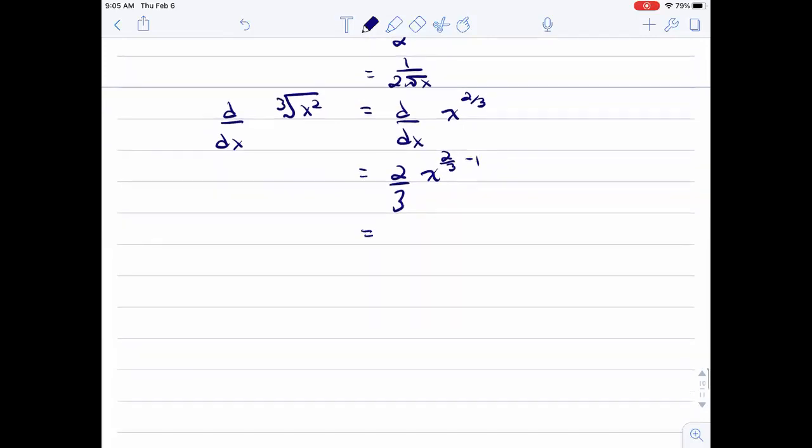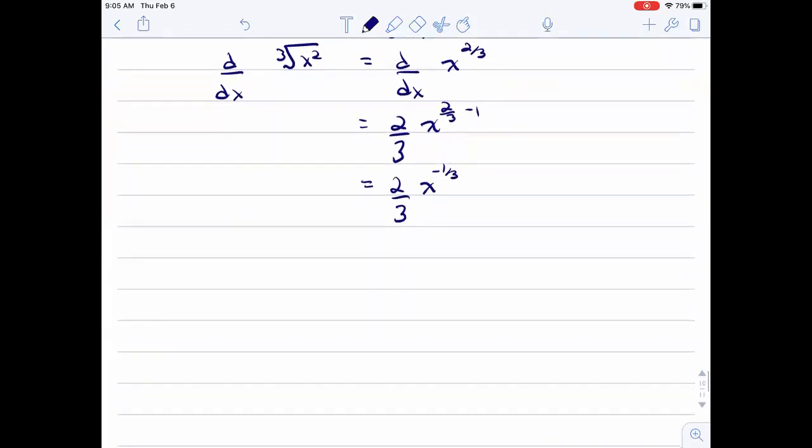You can use your calculator or find the common denominator and combine these fractions, but you get 2/3 x to the negative 1/3. So if we rewrite this, that's 2/3 and the 3rd root of x in the denominator.